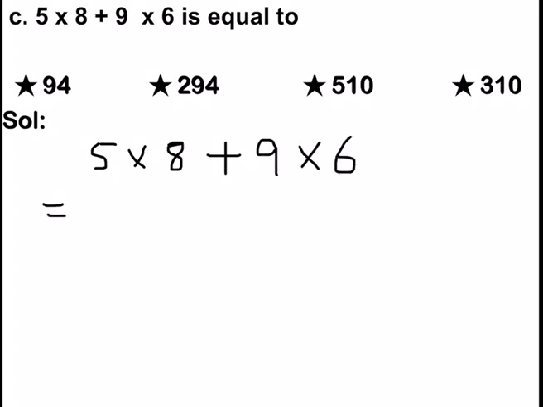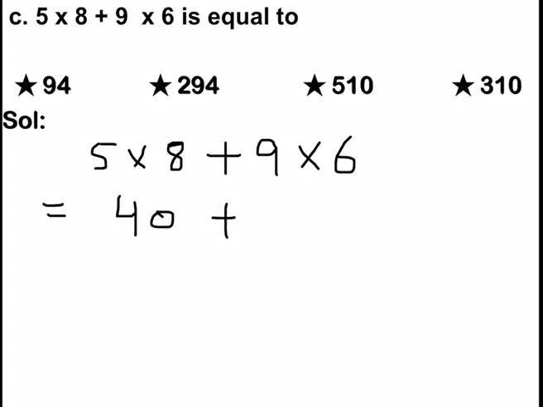First we will solve multiplication. 5 multiplied by 8: 5 1s are 5, 5 2s are 10, 5 3s are 15, 5 4s are 20, 5 5s are 25, 5 6s are 30, 5 7s are 35, and 5 8s are 40.